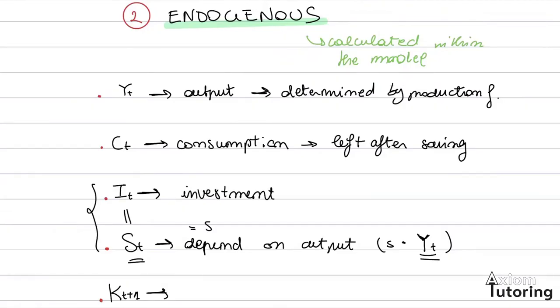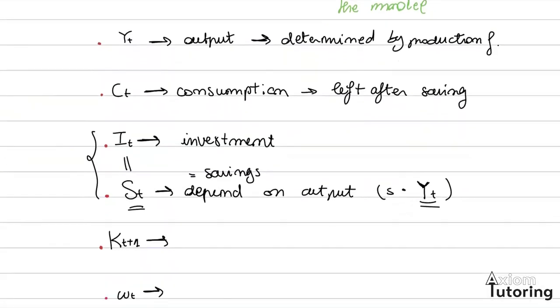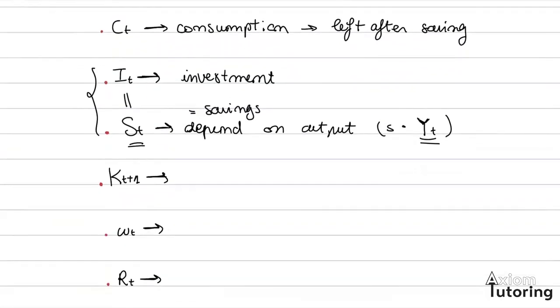Here, I didn't say that this is savings, but hopefully everyone got that. Here we have a very interesting variable that we need to be very careful with, and I'm going to write it in red because, again, it's going to become quite crucial for the definition of our model. And this is k_{t+1}. So k_{t+1} means capital in the next period.